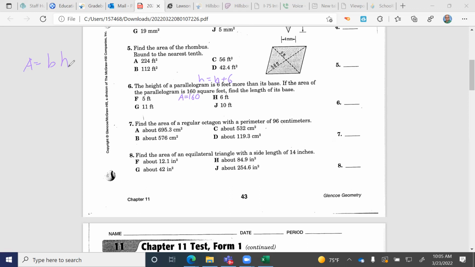So we have A is 160. H, I'm using parentheses to plug that one in, is B plus 6. And this is where it turns quadratic. If I simplify this, B is going to be distributed to both those values.